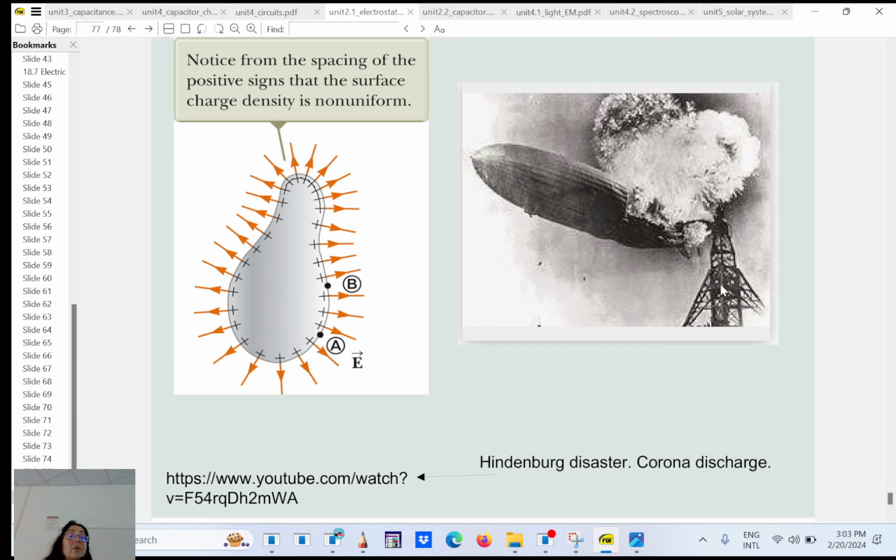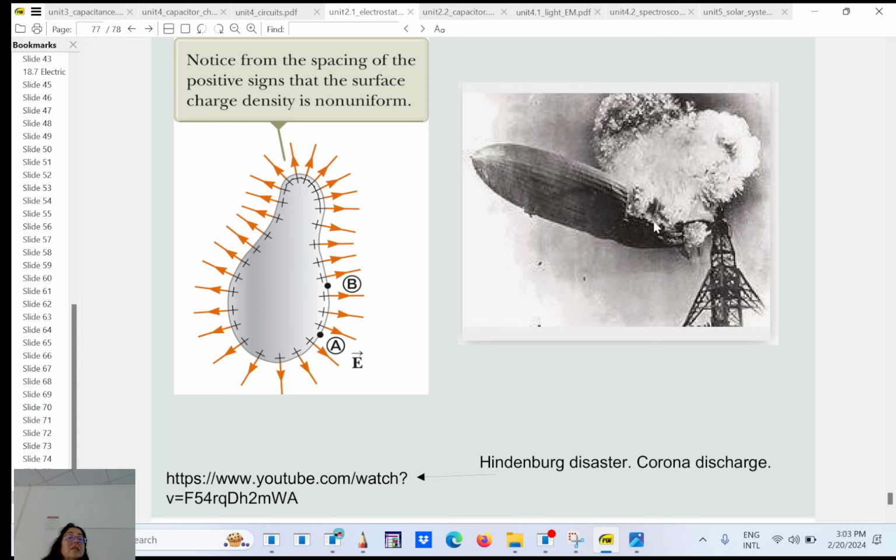You see, this is a pole connected to the ground. Here inside you have helium, and you all know that helium is very inflammable, right? It can catch fire. And here you have a lot of rubbing happening on the outside of the balloon. So a lot of charge accumulating.